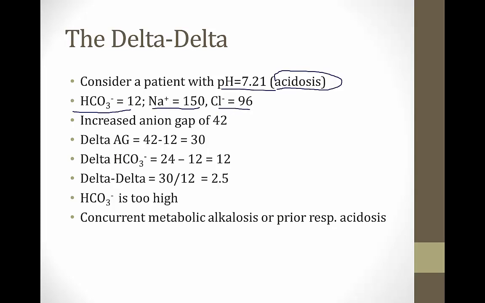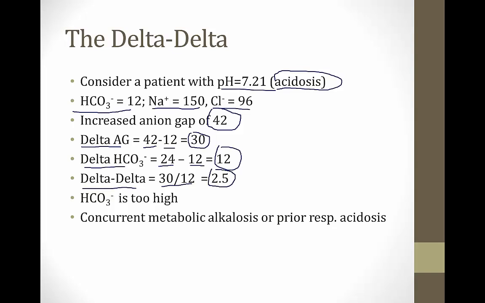So from these numbers we can calculate the anion gap, and it's high at 42. Recall that normal is 12. So the delta anion gap is the patient's gap minus a normal gap of 12, and that works out to 30. The delta bicarb is a normal bicarb of 24 minus the patient's bicarb of 12, and that works out to 12. So the delta-delta ratio is 30 over 12, and that's 2.5.